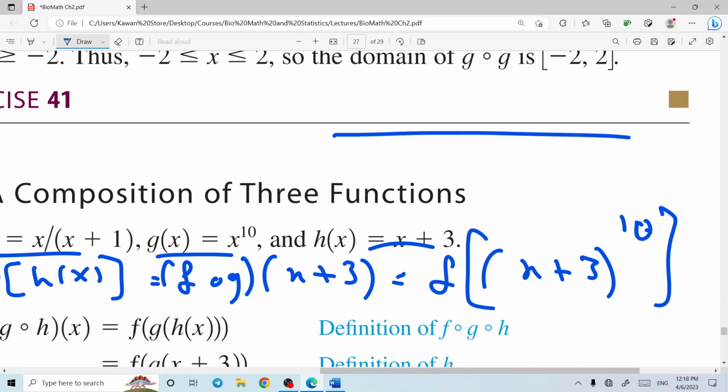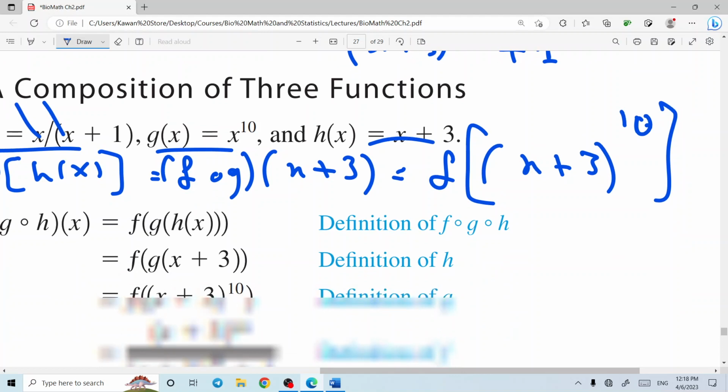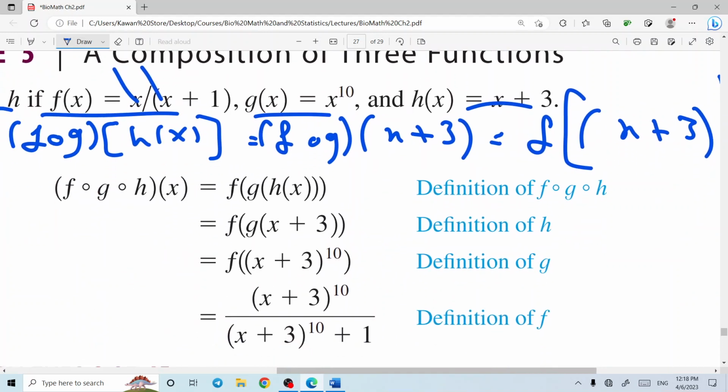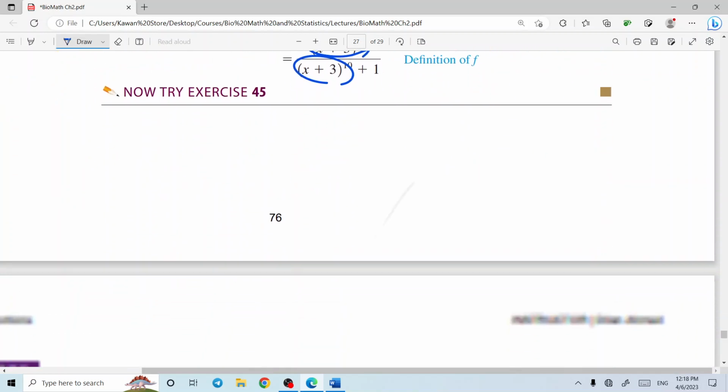This package that I have itself, to the power 10, plus 1. Understood? You can see from your lecture note, everything is clear. h is like that, g is like that, f is like that. Easy, right? So kindly try to understand how to solve this one, and exercises are also important.